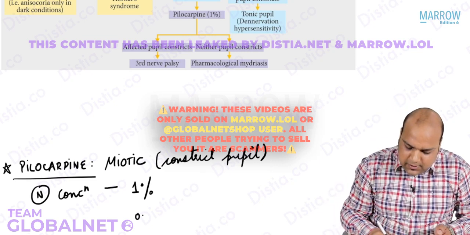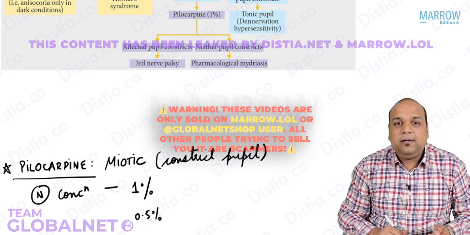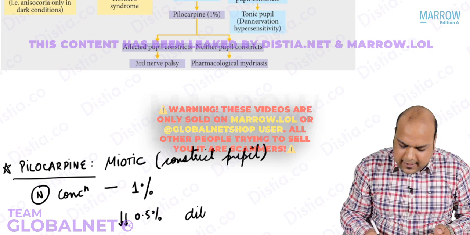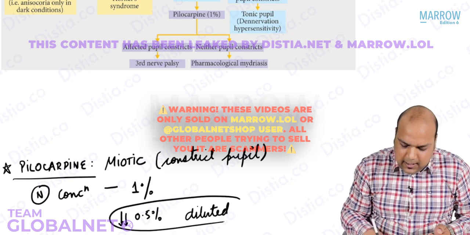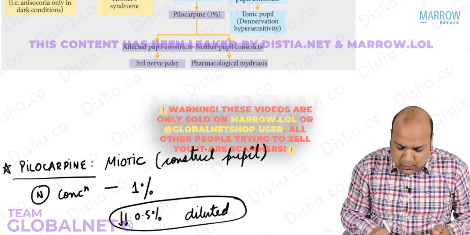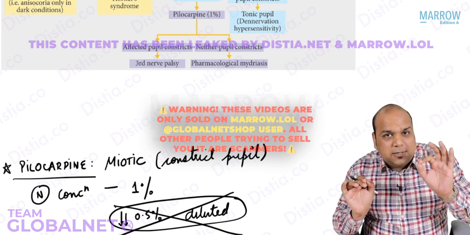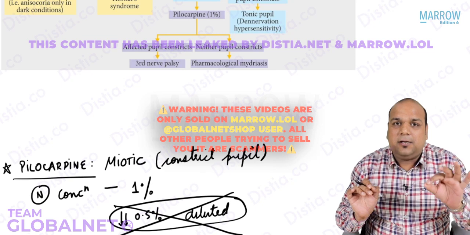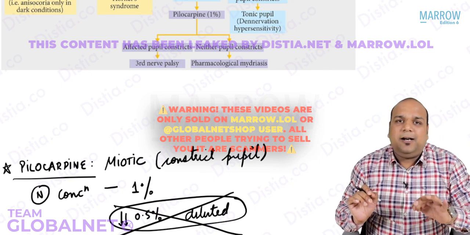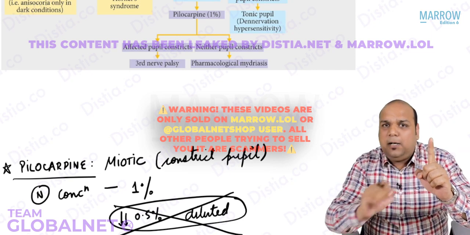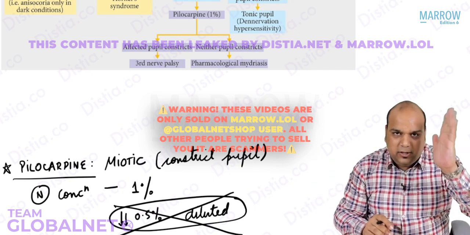But if I put 0.5%, that means a lesser concentration, or I can say diluted pilocarpine, will I be able to constrict my pupil? No. You understand? The minimum concentration needed to constrict a normal pupil is 1%. Anything below that, a normal pupil will not constrict. Get this in your heads?